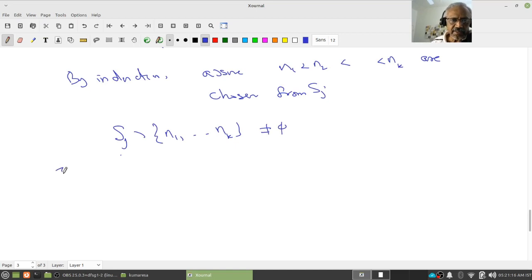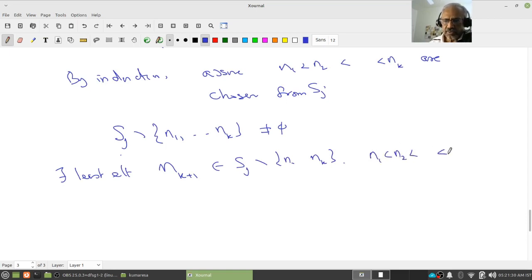Therefore again there exists a least element nk plus 1 in Sj minus {n1, ..., nk}, right? And by our assumption, this is clear because nk plus 1 belongs to Sj minus this set, therefore nk plus 1 must be greater than nk. And by induction, we had already chosen n1 less than n2 less than ... nk. Do you follow that? So make sure that way I constructed a subsequence.